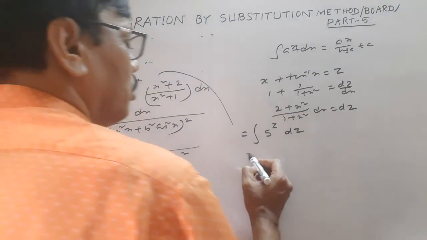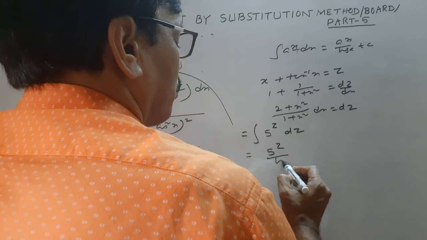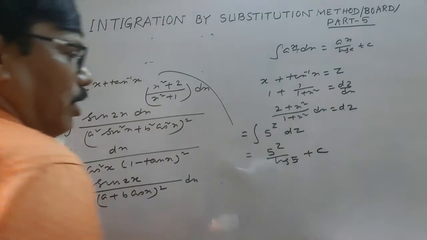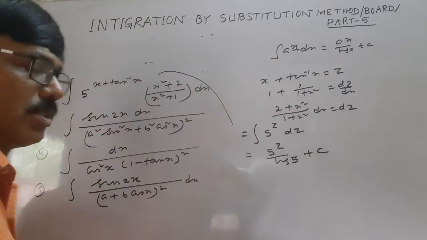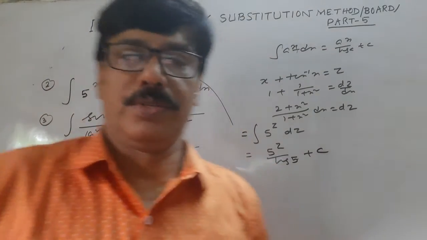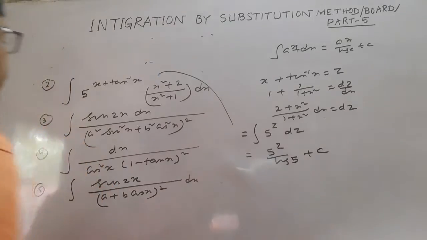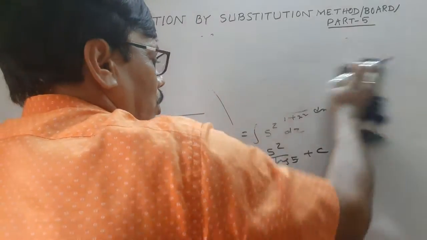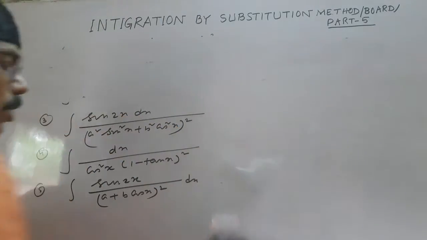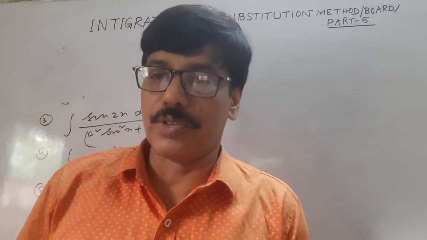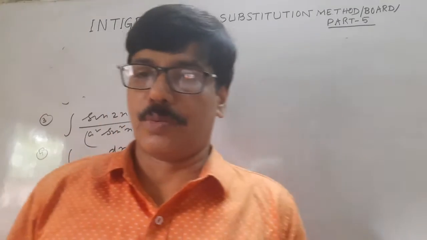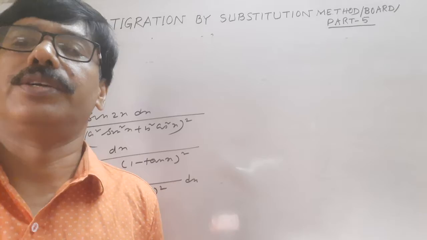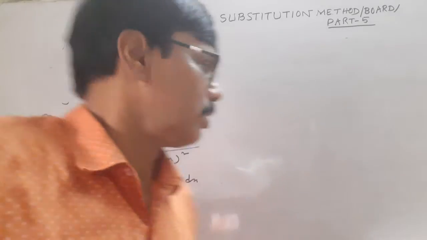So put the value: 5 to the power z by log 5 plus c, where z equals this. You put the value of z. So integration is considered as the inverse process of derivative. So to perform integration, you need to know how to differentiate.